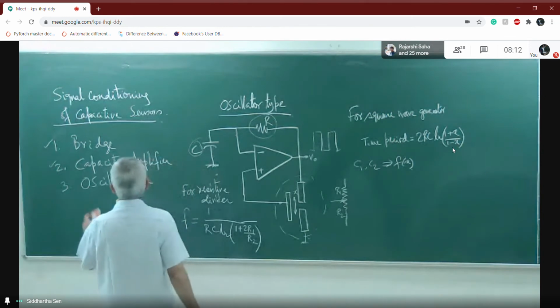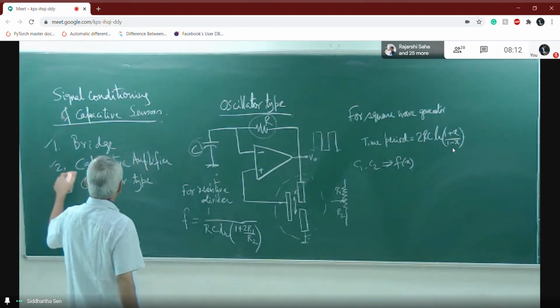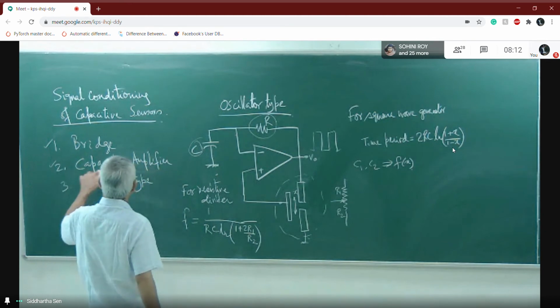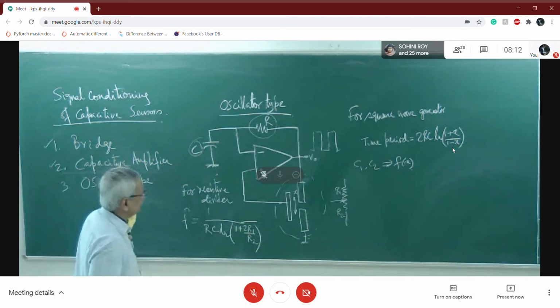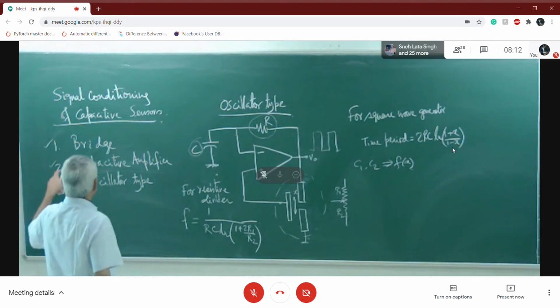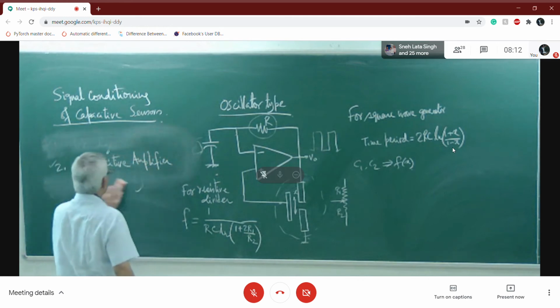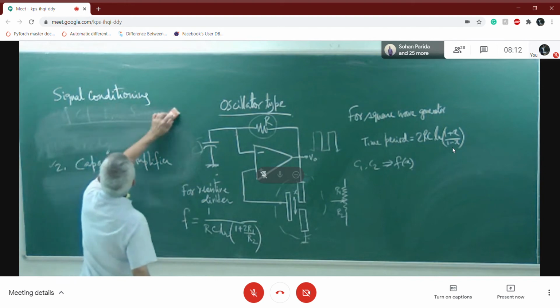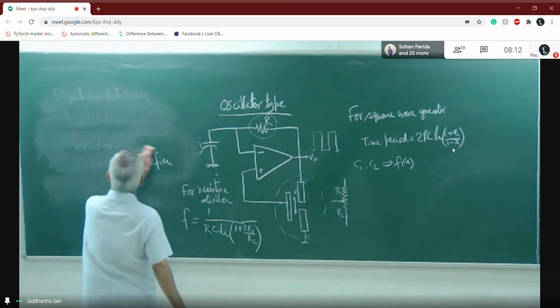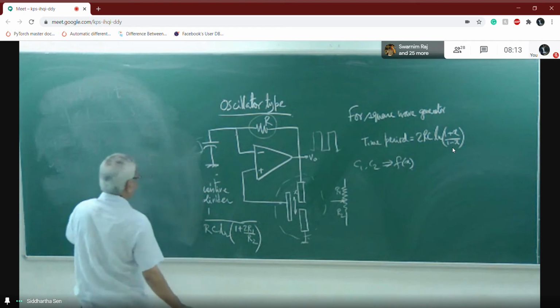Now we will discuss another type of capacitive amplifier, with which I will conclude the different circuits. That is the switched capacitance type capacitive amplifier.